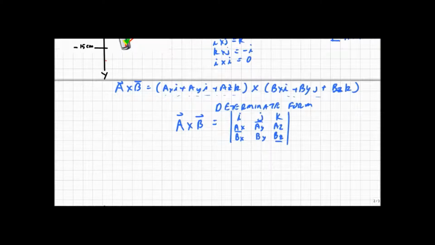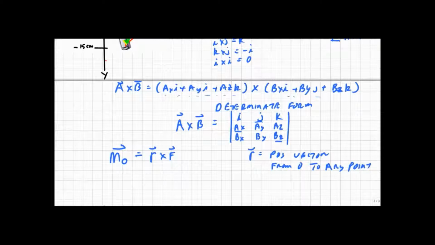So if we want to apply the cross product to the moment of a force, the moment about point O is a vector equal to R cross F. That's how we use it, where R is a position vector from O to any point along that force vector, or along the line of the force.